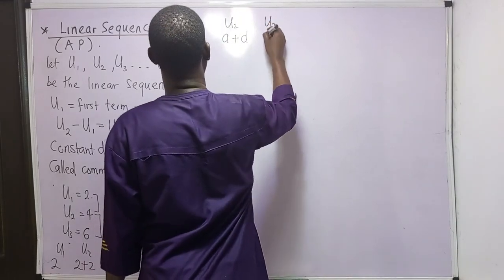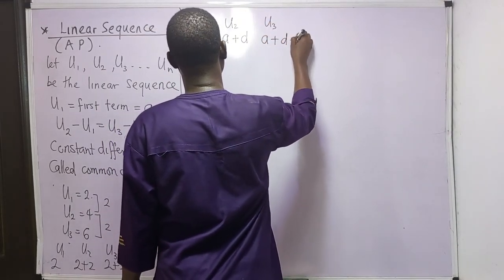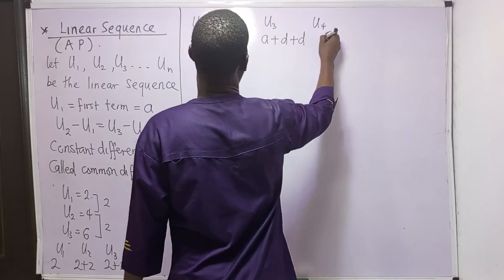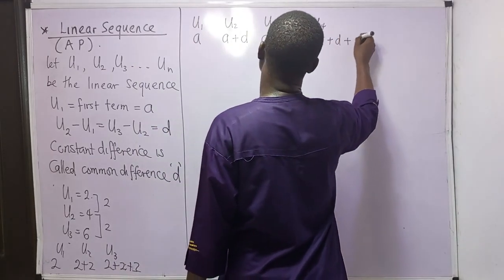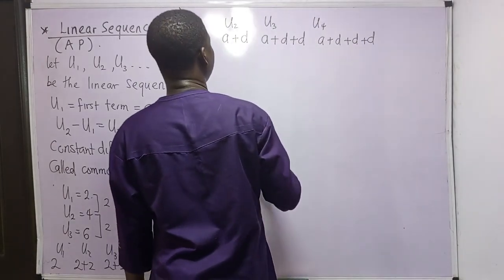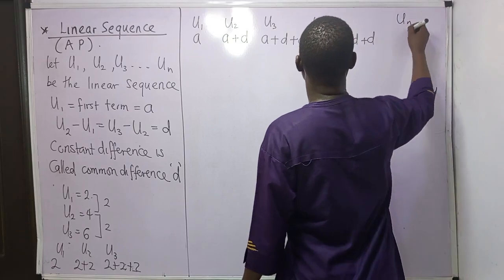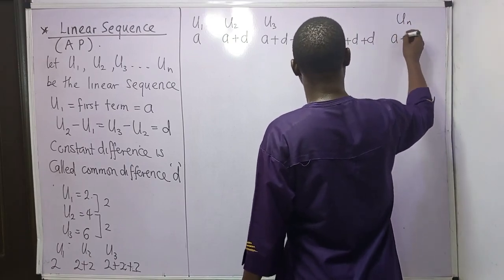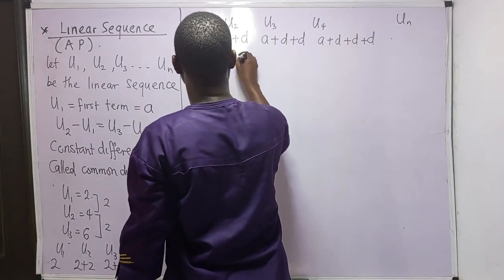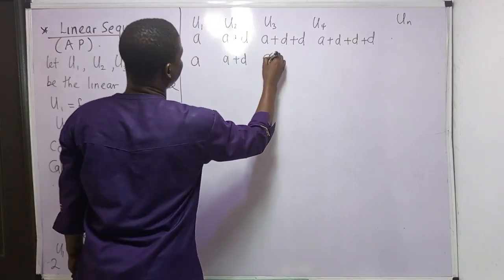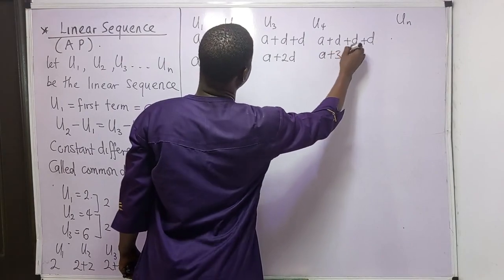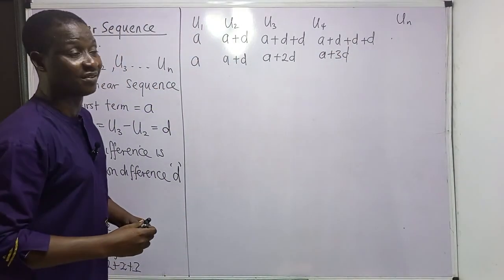Then U3 will be A plus D plus D. If you continue, U4 will be A plus D plus D plus D. Let me show something here. This one will be A, this one will be A plus D, this one will be A plus 2D, and this one A plus 3D.